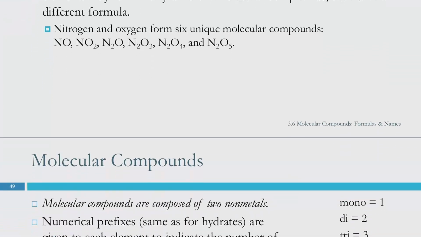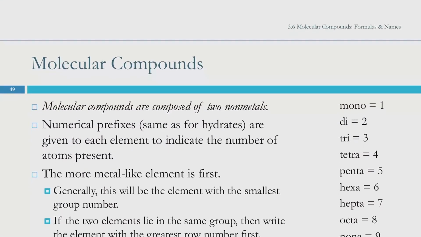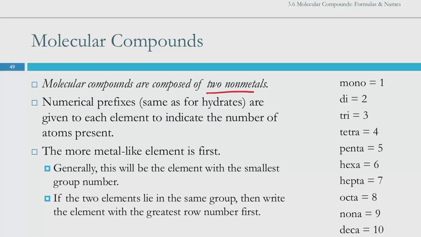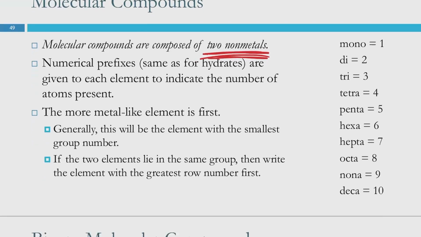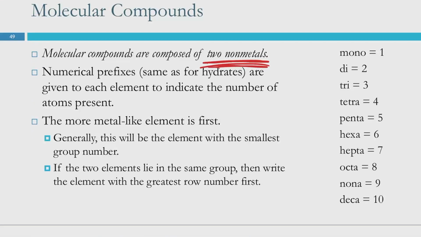And so for our molecular compounds, remember they are made up of nonmetals. We use numerical prefixes. The more metal-like element is first. There is a system, you can look up and find the order that they go in. I'm not too worried about you memorizing the order, but usually the thing that's further to the left shows up first, the thing with the smallest group number.